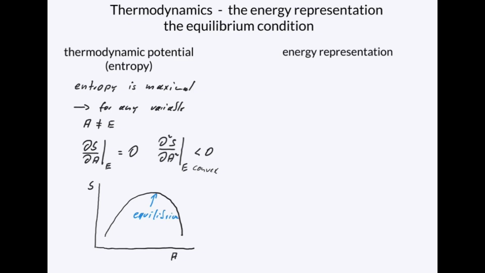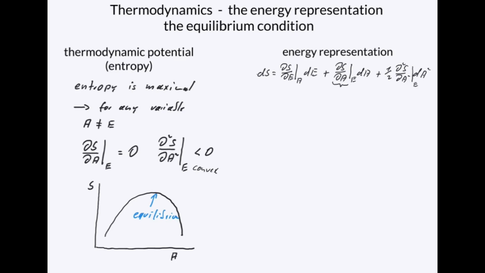For this, we first consider the differential of S depending on two parameters A and E. So the total differential reads: the partial of S with respect to E at constant A times dE, plus the partial of S with respect to A at constant E times dA, plus 1/2 the second derivative of S with respect to A squared at constant E times dA squared.